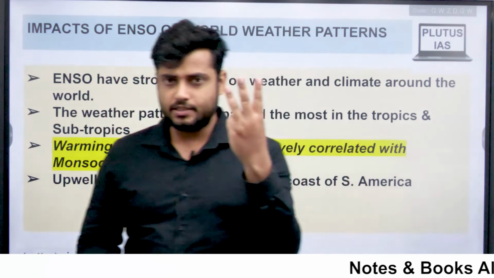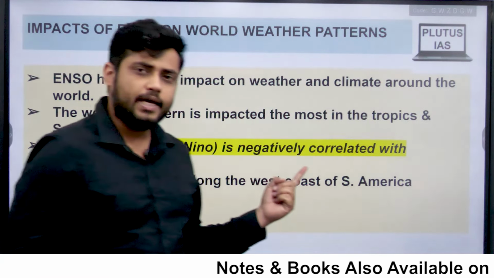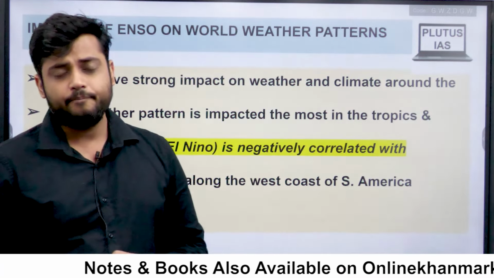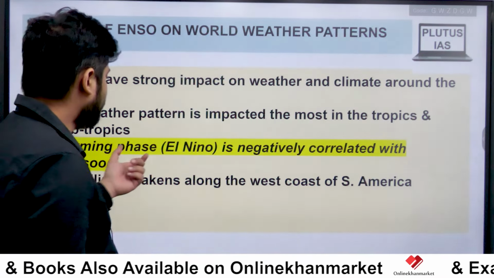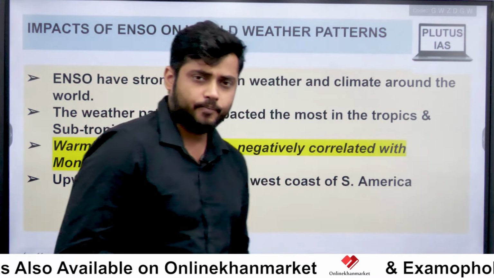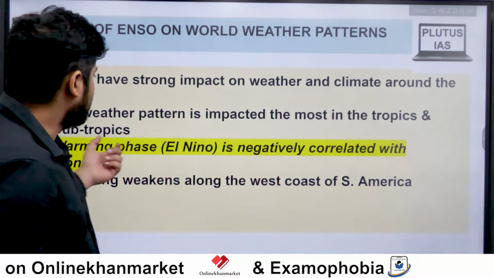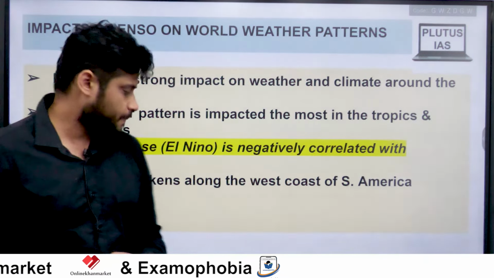ENSO is having three phases. We have learnt about it. The warming phase, which is known as El Nino, the cooler phase, which is known as La Nina, and the normal phase, which is not having any name. So in the warming phase, in the El Nino year, the monsoon is deficient in India. That is why we are saying that the El Nino is negatively correlated with the Indian monsoon.